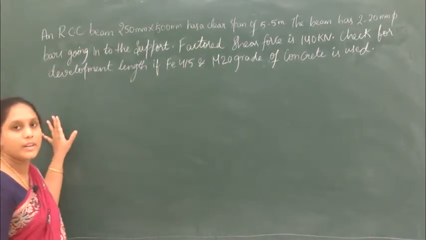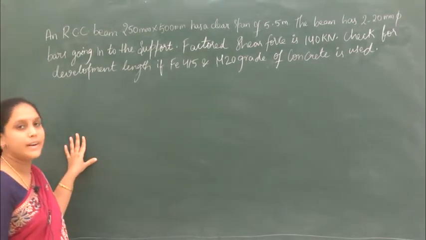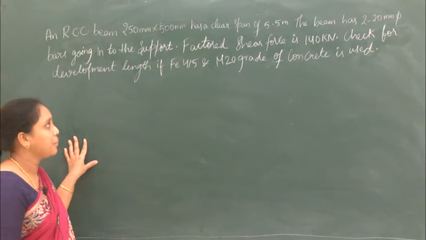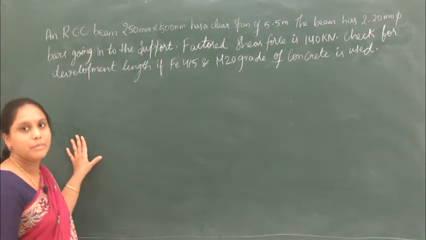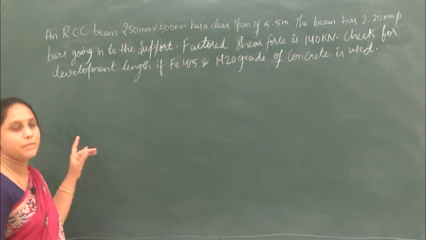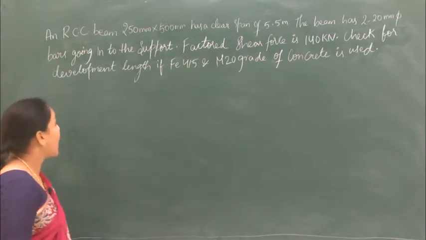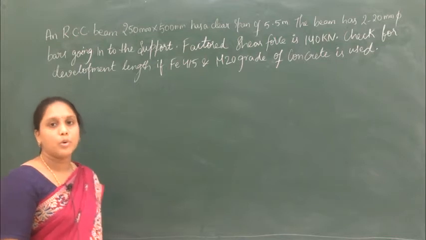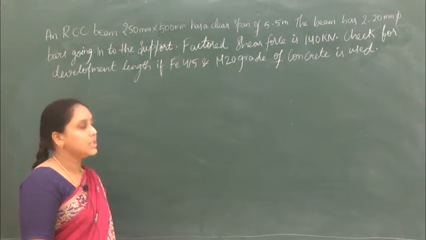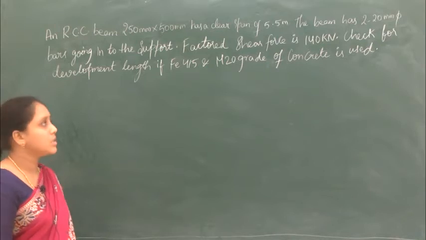The question given here is: an RCC beam 250 mm by 500 mm has a clear span of 5.5 meters. So here the cross-sectional dimensions and the clear span of the RCC beam are given. The beam has 2 bars of 20 mm diameter going into the support.